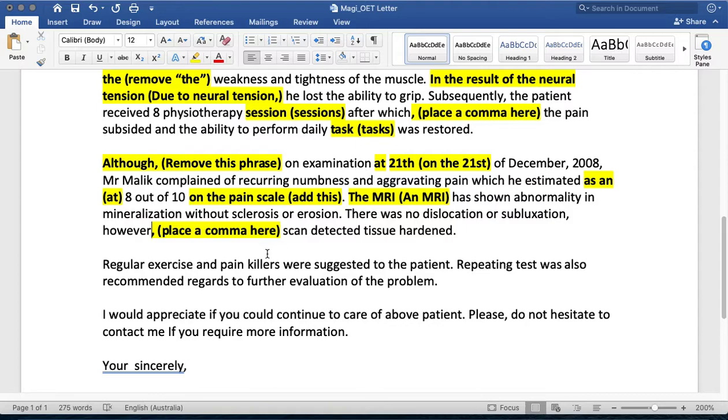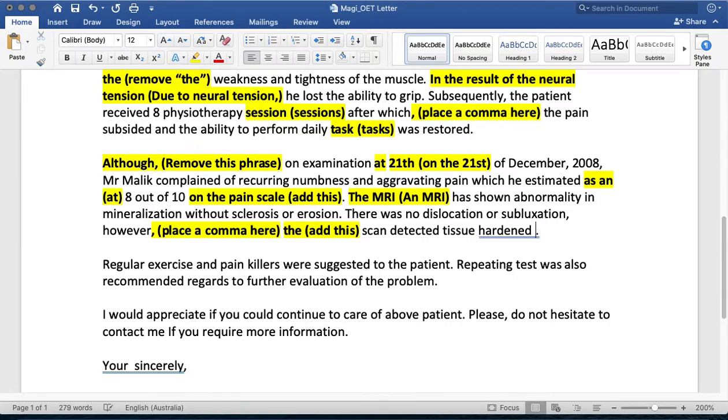So, however, there's a comma and then the scan. You need to add the here. However, the scan, because it was already mentioned, so when we have to refer to the same thing, we have to use the. The scan detected tissue hardened.